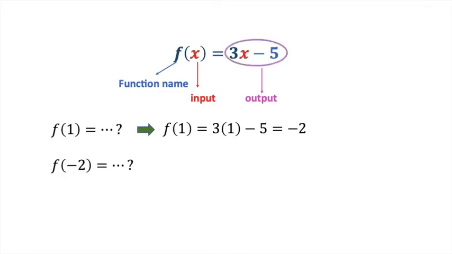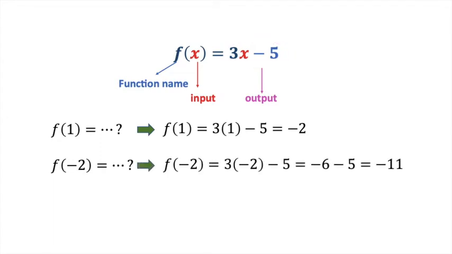And what is the value of f of negative 2? Using the same way, replacing the x, you will have f of negative 2 is equal to negative 11. And how about f of 4?